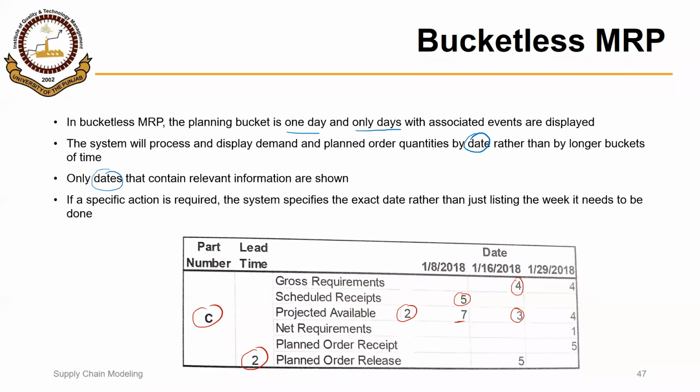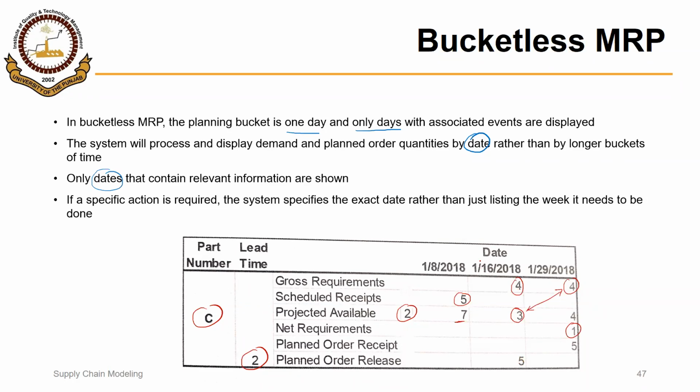On 29th of January, we have gross requirements of 4, and we have 3 items available, so net requirements will be 1. If we have a lot size policy of 5, we will place an order of 5 items 2 weeks earlier so that we can receive 5 two weeks later.